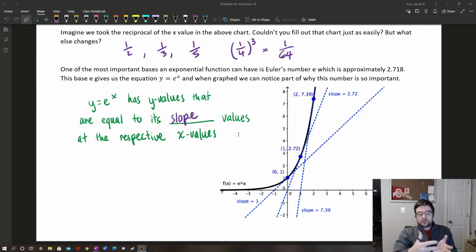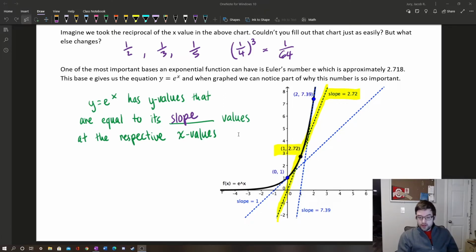So the slope values at these respective x values, if we match them up, so at 1, we've got obviously a y value of 2.718 or 2.72, and the line that is tangent to, which tangent just means touching, the curve there has a slope of 2.72.